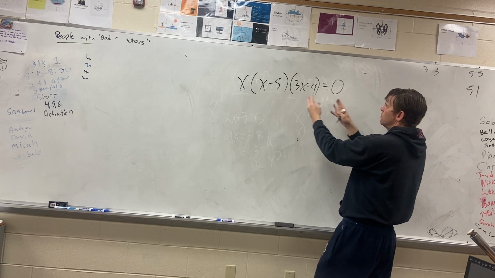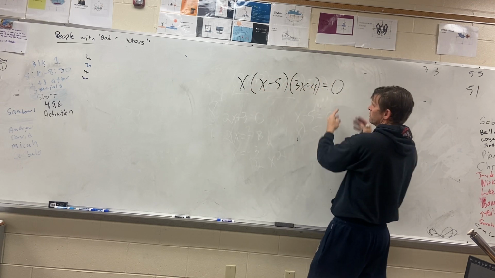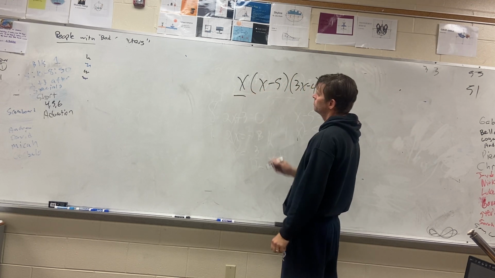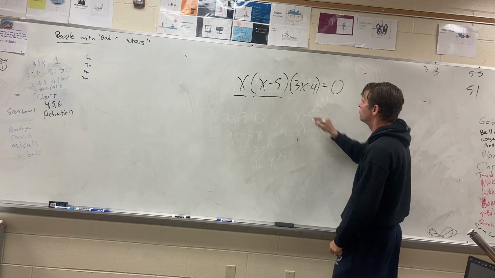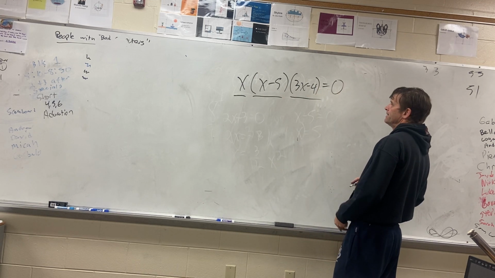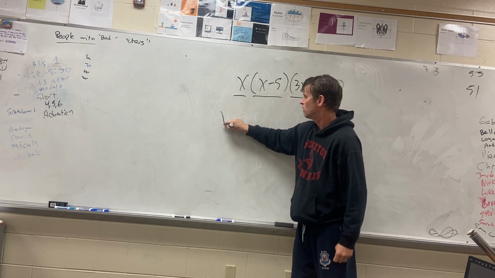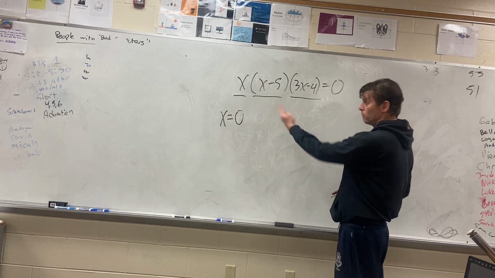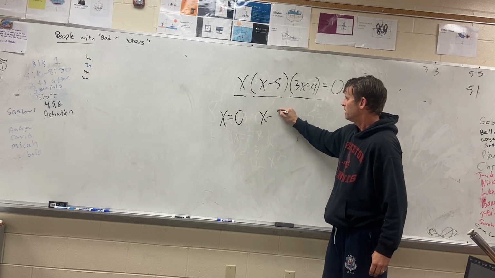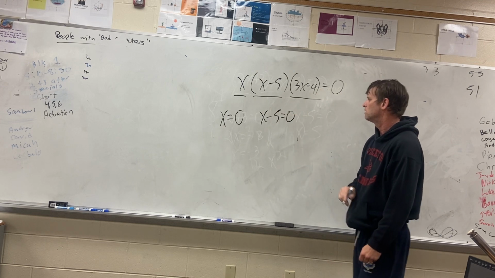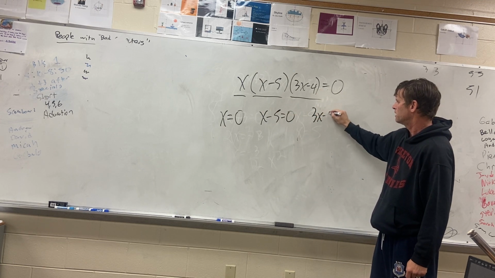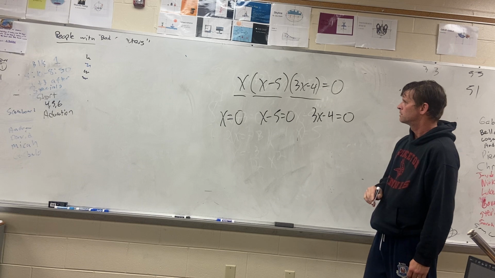If it equals 0, you've got things that are multiplying. Either this has to be 0, or this has to be 0, or this has to be 0. So solve them all equal to 0. X equals 0. That was easy. That's one of them. X minus 5 equals 0. 3x minus 4 equals 0.